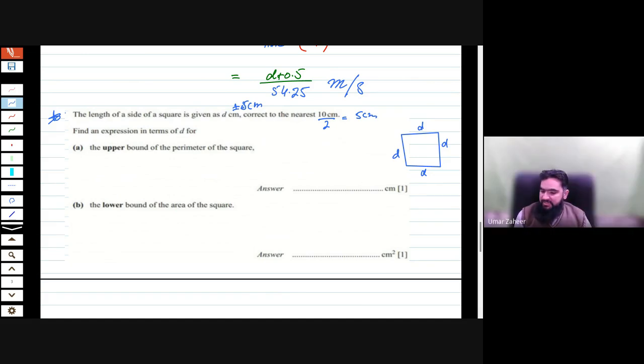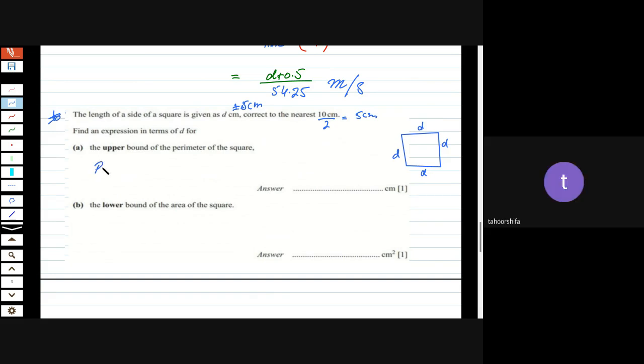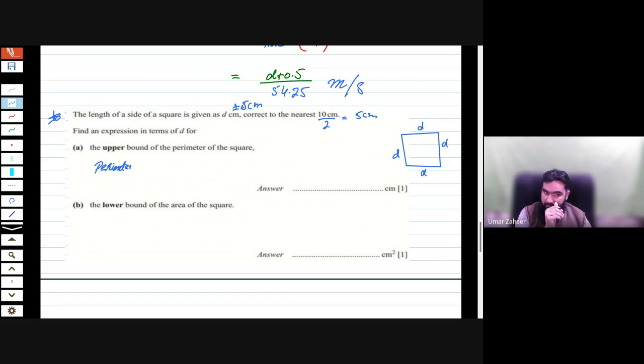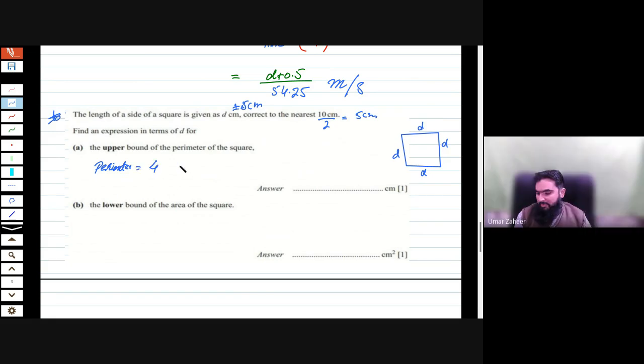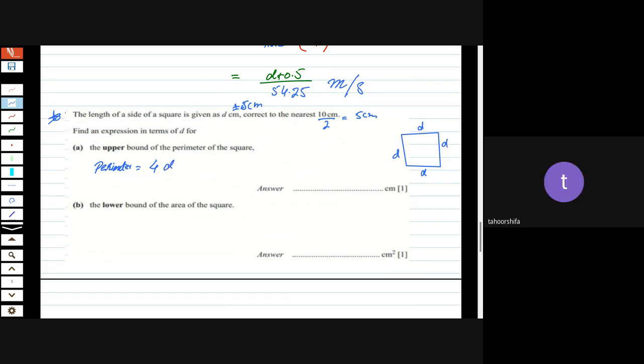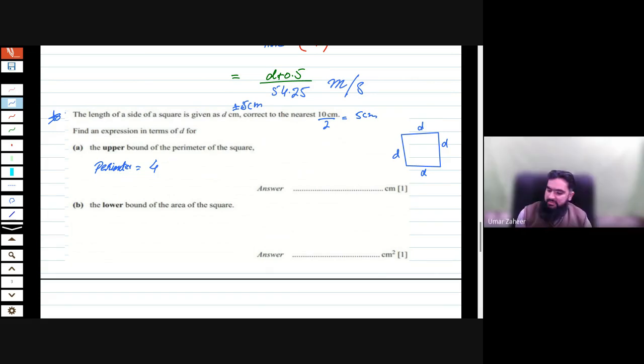What is the perimeter of a square? I'm talking about perimeter, not area. Sir, 4 multiplied by the length. Yes, I have to write 4 multiplied by length because it is a square.